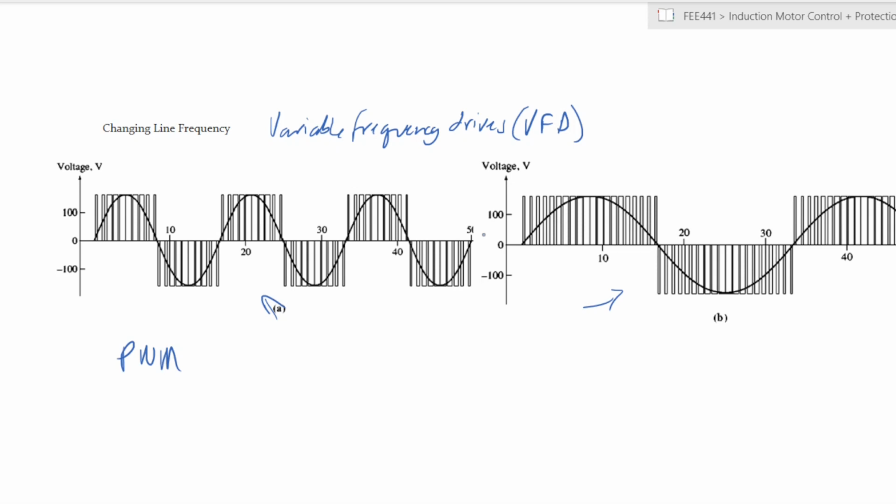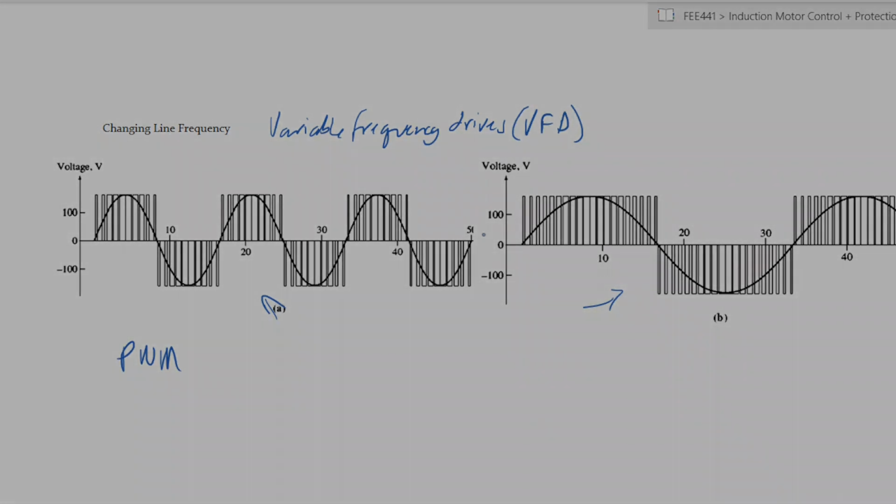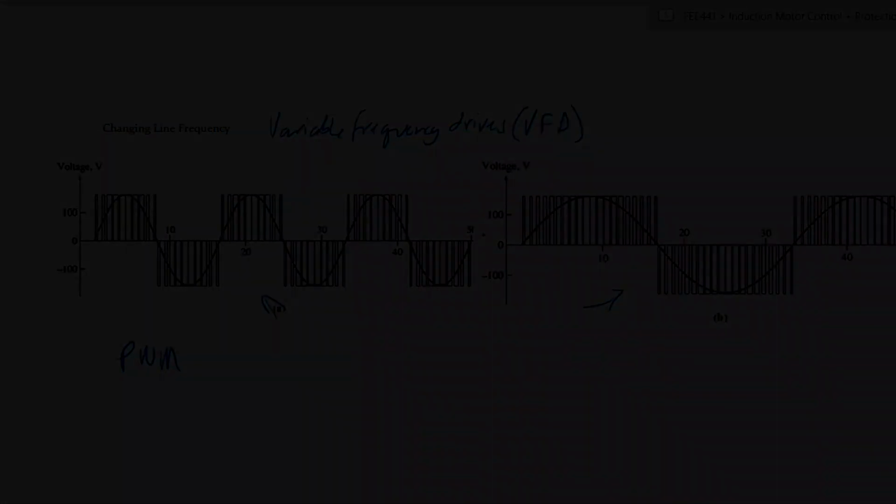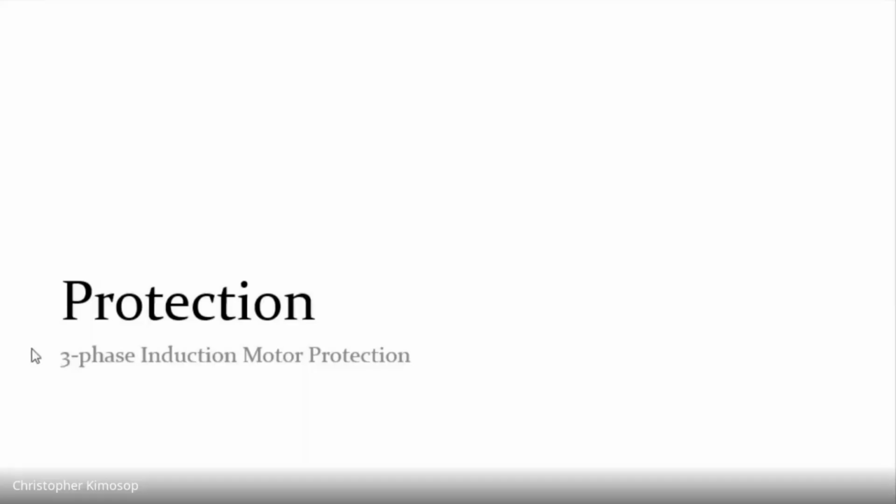And therefore, by this method, you are able to change the speed of the induction motor. So those are the main ways in which we can control the speed of induction motors. Now we talk about protection.